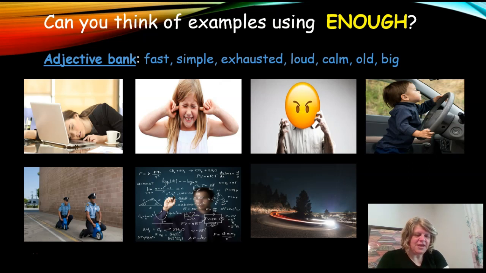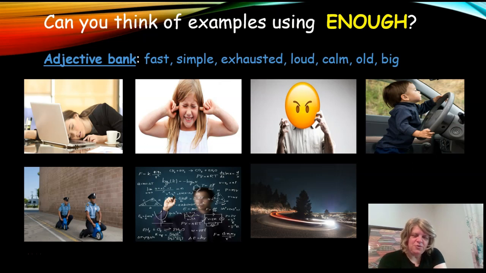So basically we're saying the same thing using two different structures. The next picture, with the little child, we can say he's not old enough to drive. We had in the first example he's too young to drive, and here we're saying the same thing with enough. He's not old enough to drive.